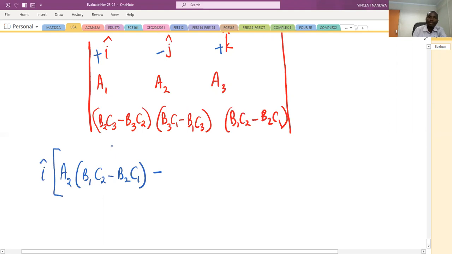Remember, close this and this one here. So we have this A3 into B3C1 minus B1C3.